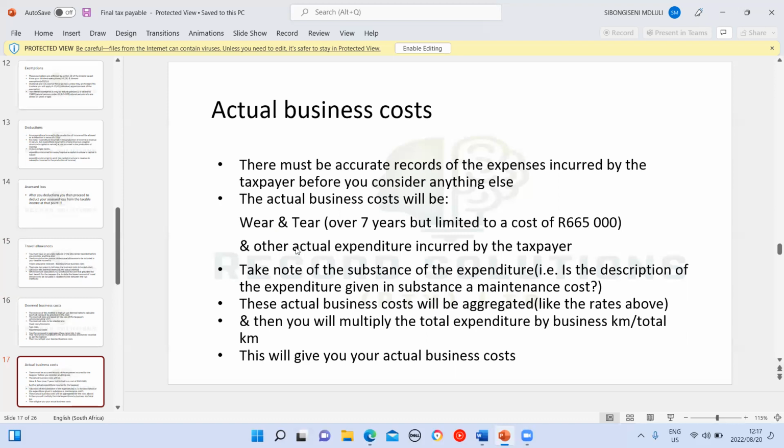The wear and tear is like an actual business cost, because wear and tear is based on the value of the vehicle. If the vehicle is being used and its value is decreasing as a result, that means that it is in substance an actual cost for the taxpayer, because it is their vehicle. Remember, travel allowance is not a fringe benefit. In this case, travel allowance was given to the employee, but he owns the vehicle.